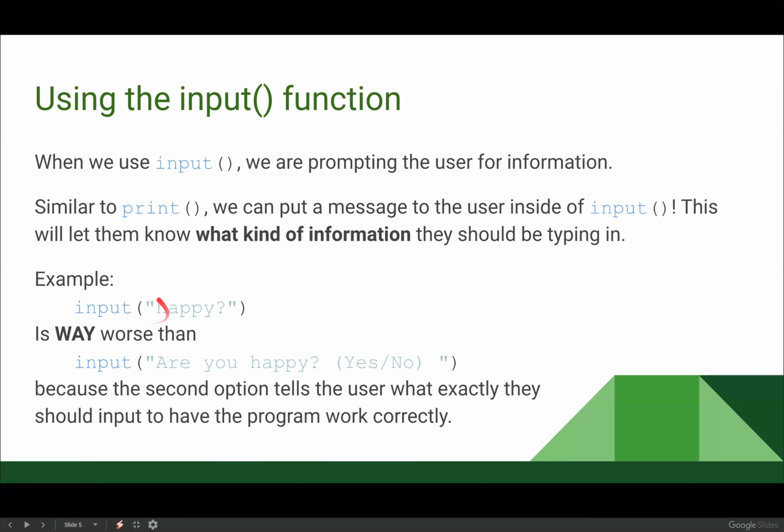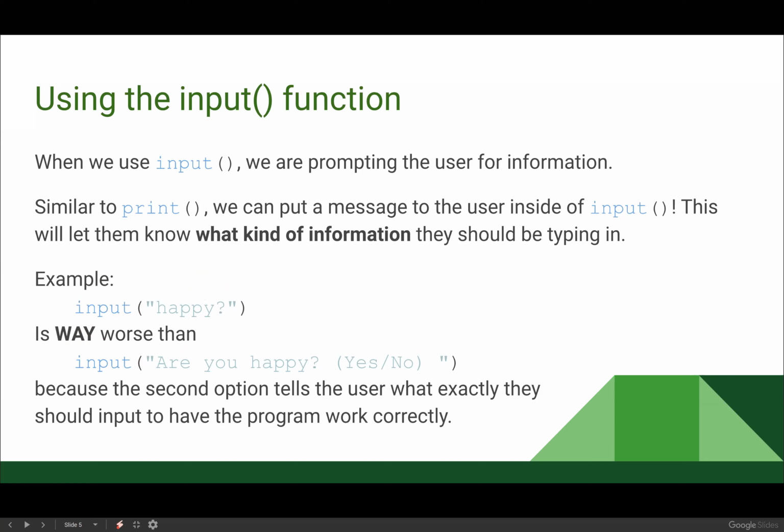So I could have an input asking "happy," but that doesn't give a lot of useful prompting to the user. So if I wanted to ask the user if they're happy and I'm expecting yes or no, I would want to say something like, "Are you happy?" And then tell the user what they should be typing in to this prompt.